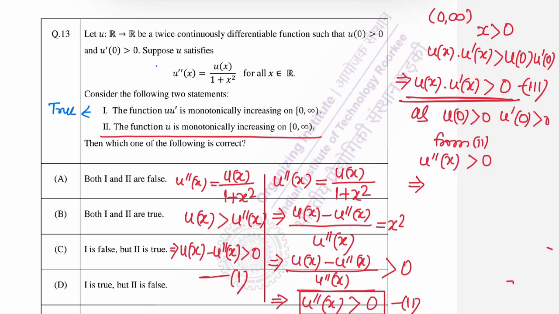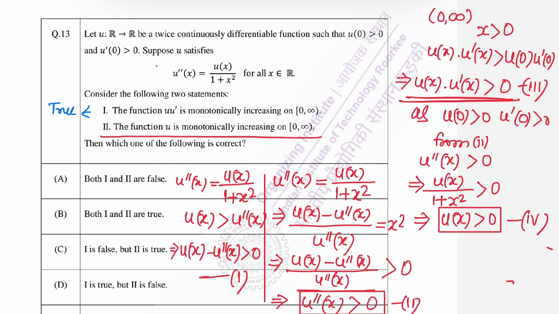So in place of that I can write ux by 1 plus x square greater than 0, and here you see the denominator is greater than 1 because x is greater than 0. So from this we have ux is greater than 0. So I type it as 4.